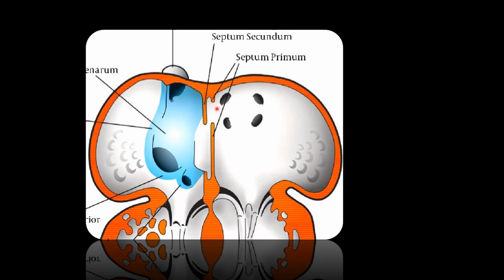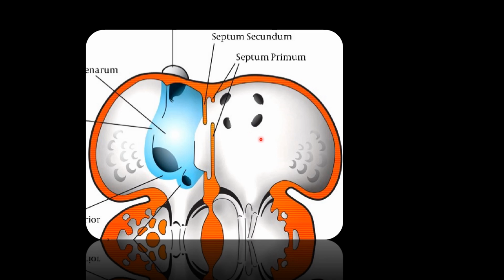Through this foramen ovale, the blood passes from the right atrium to the left atrium, and this occurs throughout the fetal life. The pressure of blood in the right atrium is higher than the pressure in the left atrium. After birth, complete functioning of the lung and the pulmonary circulation occurs.